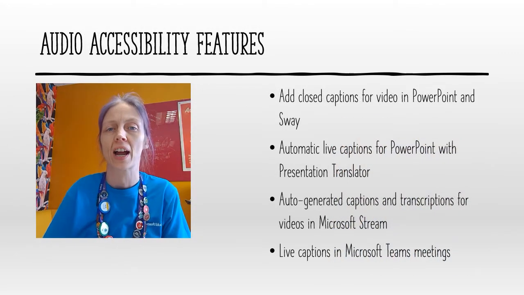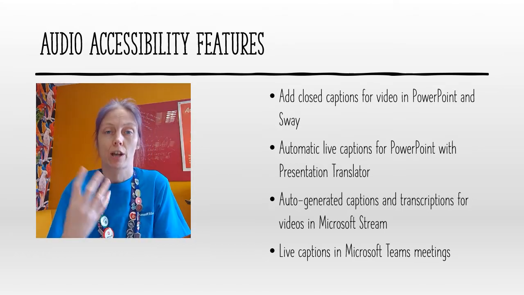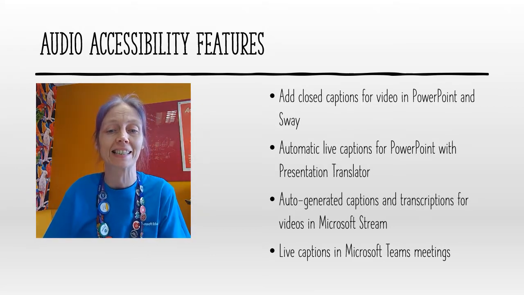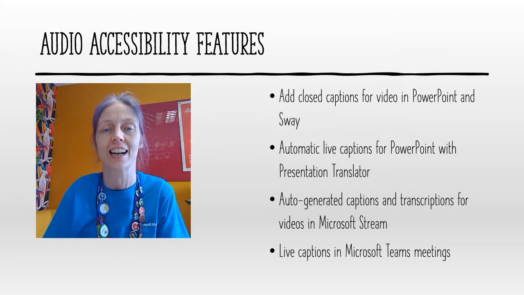So there's a range of accessibility features to help with audio needs. You can add closed captions for your videos in PowerPoint and Sway. So that's the ability to upload a file with what the closed captions should say with timings in. You can add in automatic live captions for PowerPoint with the presentation translator add-in.